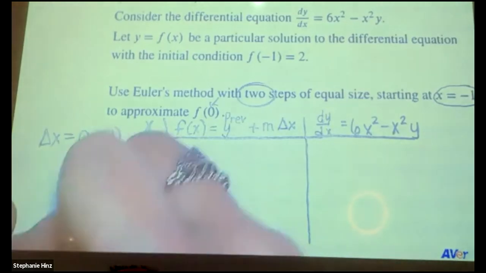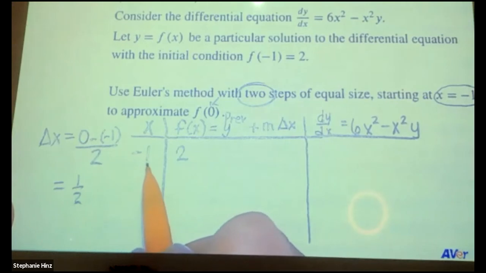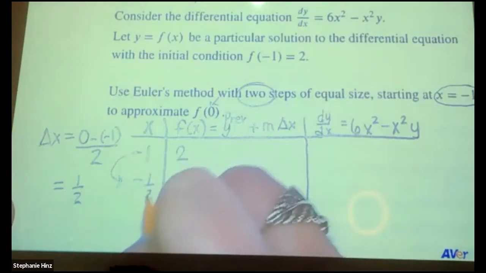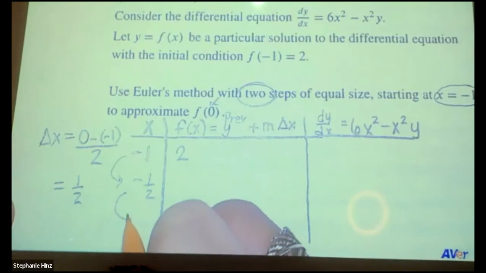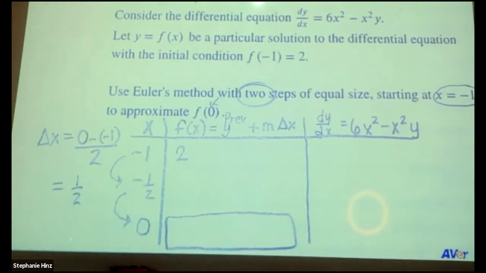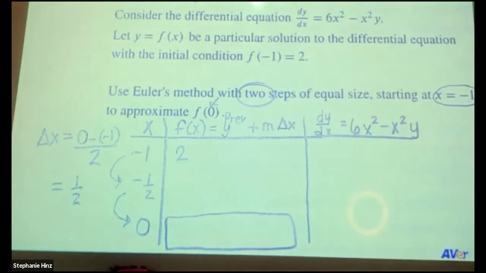So my step size is 1/2. I like to set up my chart. So this is -1. If I add my step size, -1 plus 1/2 is -1/2. And then -1/2 plus 1/2 is 0. And that's going to be my goal. So I know that when I get to right there, that's going to be my answer because I want to approximate f of 0.